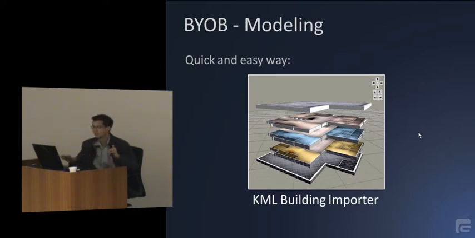You can get a building up in 10-15 minutes just by placing floor plans in Google Earth, stacking them up, and saving them to a KML file. When you load this KML file in Germanium, it will generate these outlines, stack them up properly, and create the BBL for you. So you can retrieve level 1, 2, and 3 using the same functions. This is a quick and easy way.